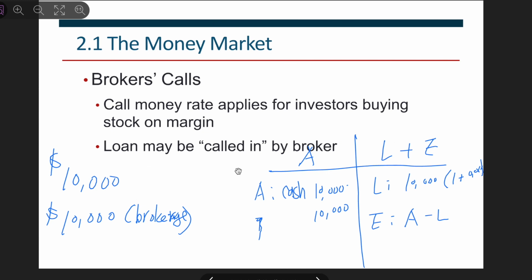So when does the margin call happen? The call is to what? I want my money back, right? As a lender, the brokerage may call you to say, I want your loan to be repaid immediately. That is called the broker's call.